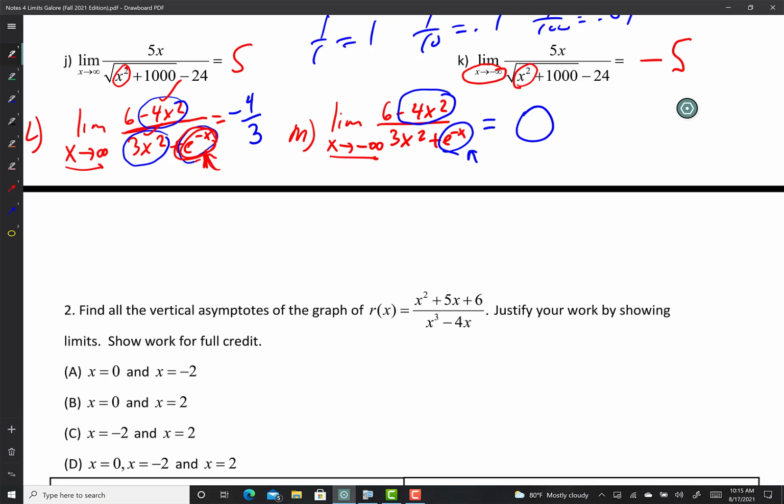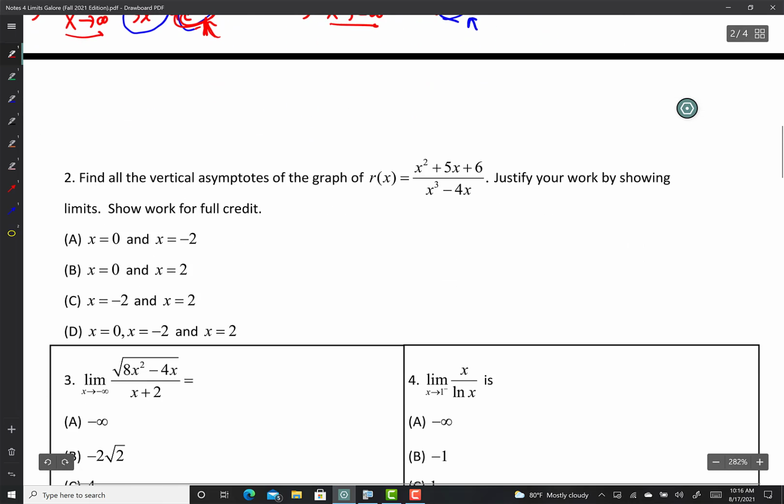She asked, what's growing faster, a polynomial or e to the x as x approaches infinity? e to the x grows faster. But if I approach negative infinity, e to the negative x is growing faster than any polynomial. Cool, guys?